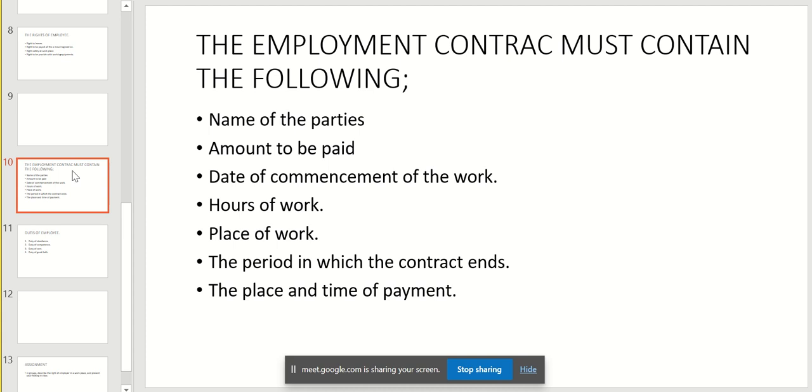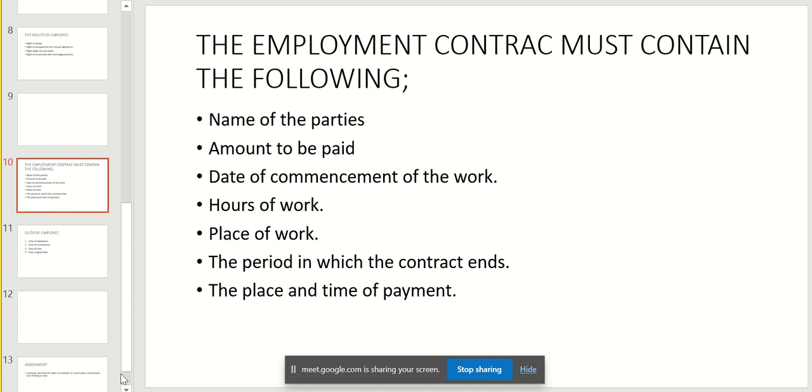Here the employees are to know the place that he or she may perform the specific task. Then we have the period in which the contract ends. Those are the features that must be seen in signing any contract.